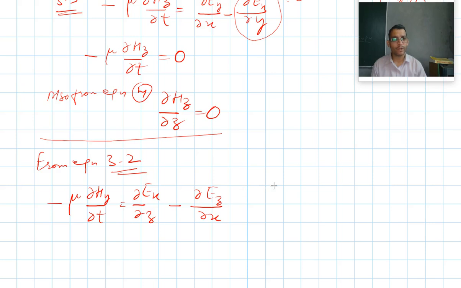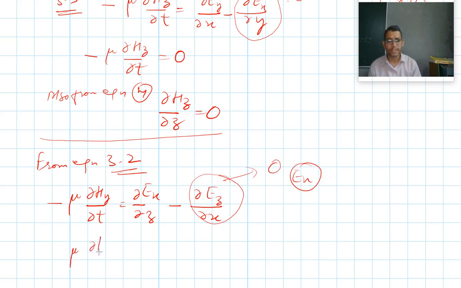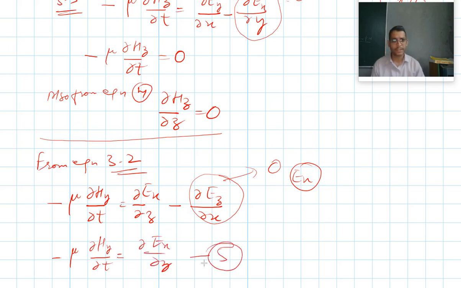Since we have only variation in x, this part is equal to 0. Therefore I can write mu ∂Hy/∂t is equal to ∂Ex/∂z, and let us call this equation number 5.